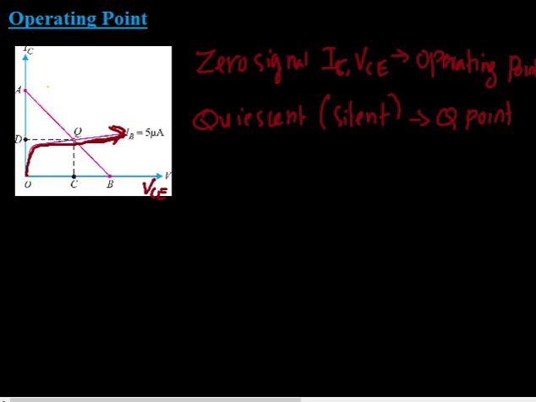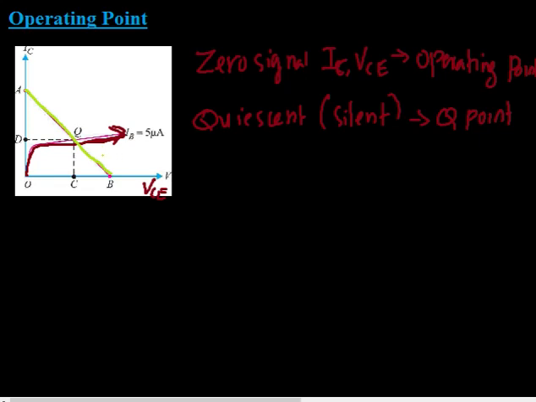And we have also seen that this line AB represents the DC load line, which also gives the VCE and IC values for that circuit.